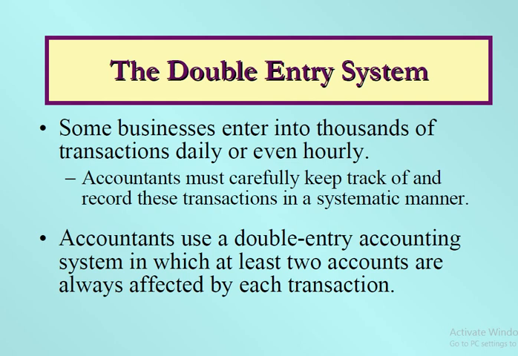Accounts can be 3, 4, or 5. If only two accounts are involved in a single transaction, the transaction is said to be a simple transaction. But if more than two accounts are involved, the transaction is said to be a compound transaction.